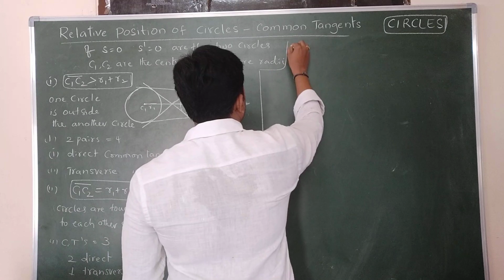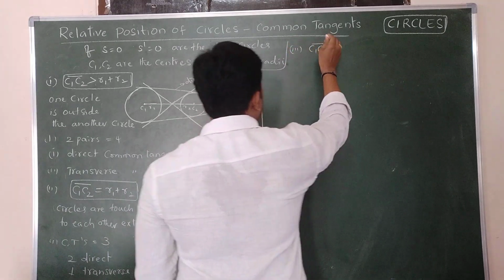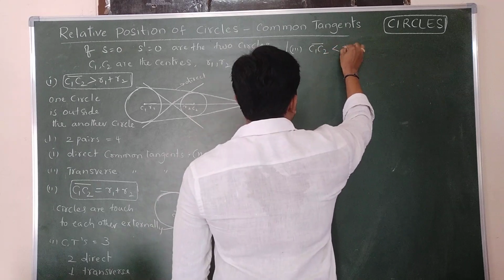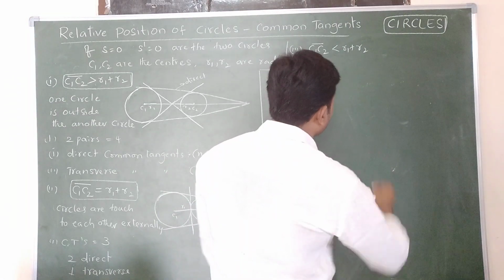The third one: C1C2 is less than R1 plus R2.